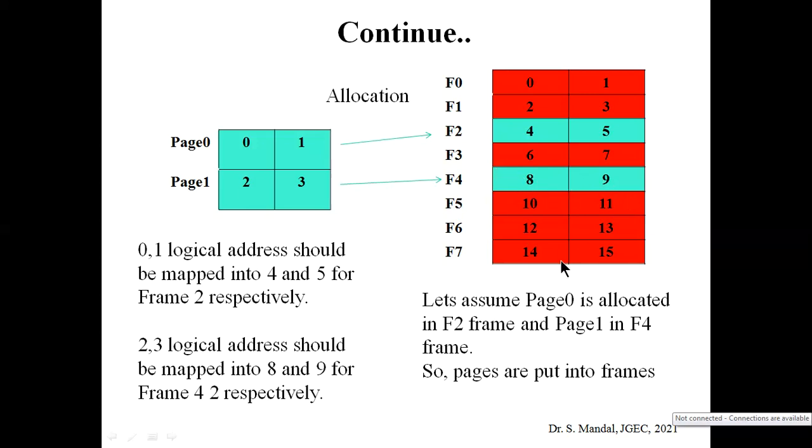Okay, let's assume page 0 is allocated to frame f2 and page 1 is allocated to frame f4. So pages are put into the frames. How can allocation be done?